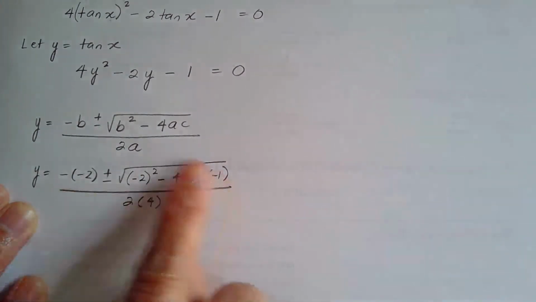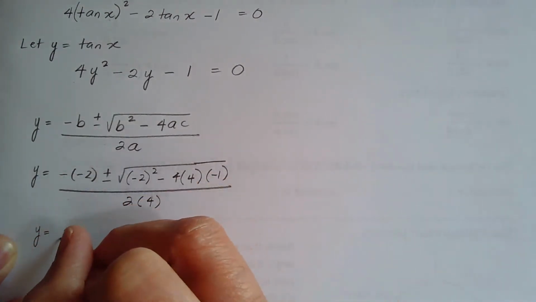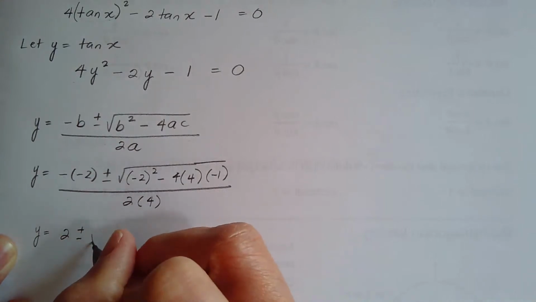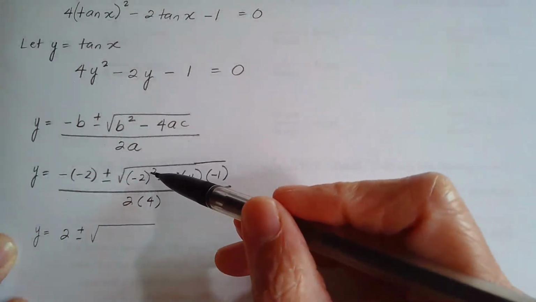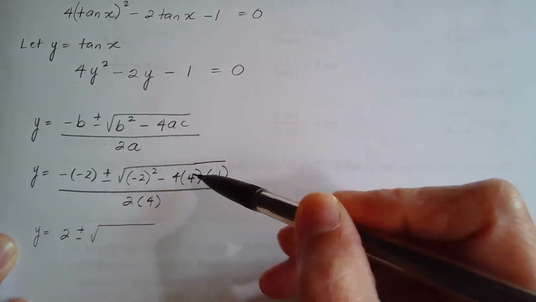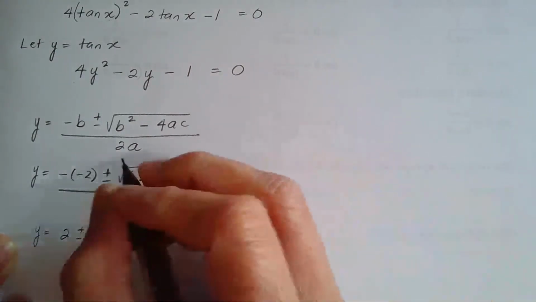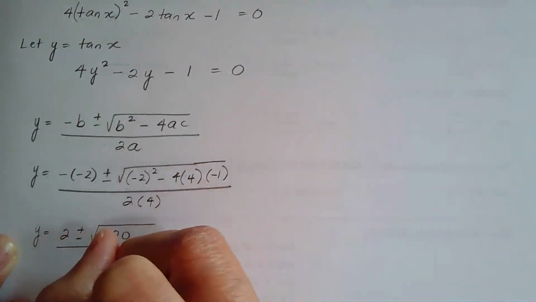And of course, we can simplify that. We can work it out. So that becomes 2 plus or minus root of, let's see what this is. It's going to be 4 plus 16, so that's root of 20 over 8.